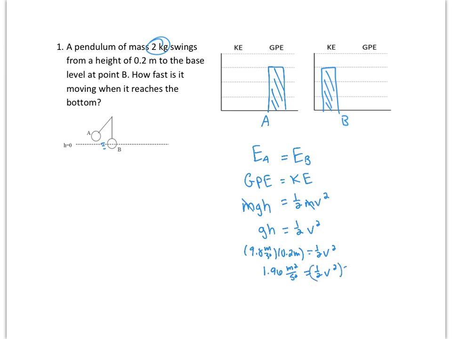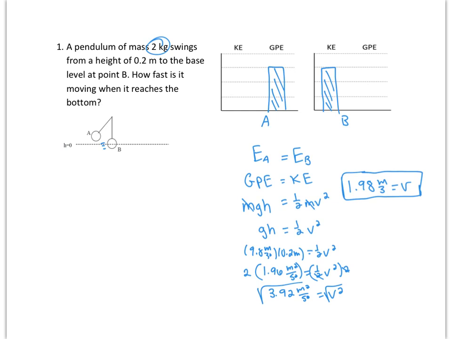Multiply both sides by 2 so that v squared is by itself. 3.92 meters squared per second squared equals v squared. That's v squared, not v. So we need to take the square root. 1.98 meters per second is the speed.